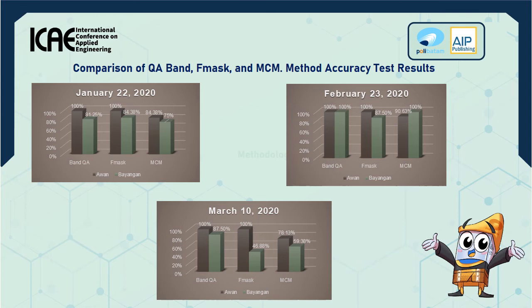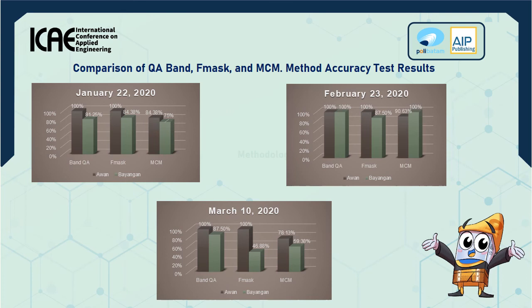Conclusion: based on the results of the accuracy test of the three cloud masking methods, namely QA, FMASK, and MCM on BATAM Island, January 22, 2020, February 23, 2020, and March 10, 2020, the best cloud detection accuracy is the QA and FMASK methods because both methods have high accuracy values, the highest of 100% in every month of the first quarter of 2020.